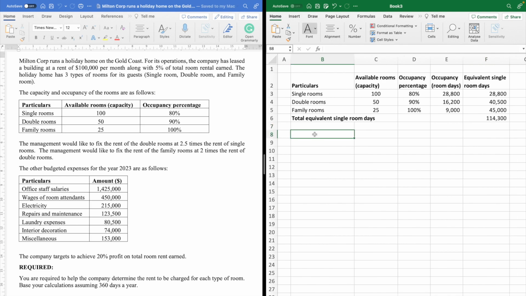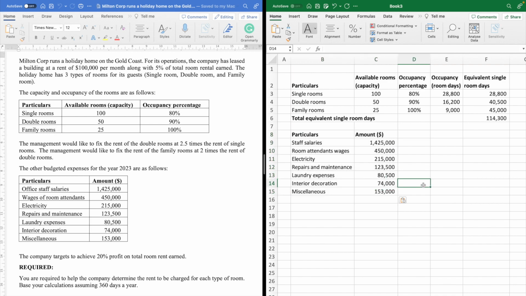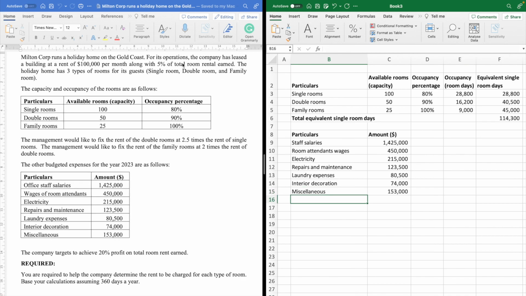Next, let us make note of the budgeted expenses for the year 2023. So here we have the budgeted expenses of 2023 as given in the question. We've made note of the staff salaries, wages, electricity, repairs and maintenance, laundry expenses, interior decoration, and miscellaneous. To this we have to add the building rent. The company has leased a building at a rent of $100,000 per month along with 5% of total room rental earned.